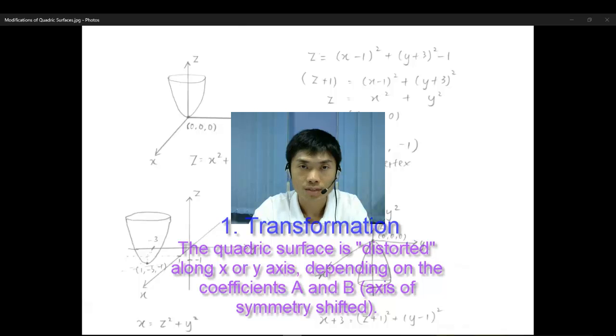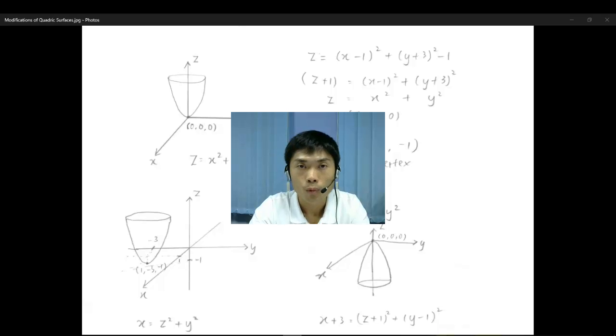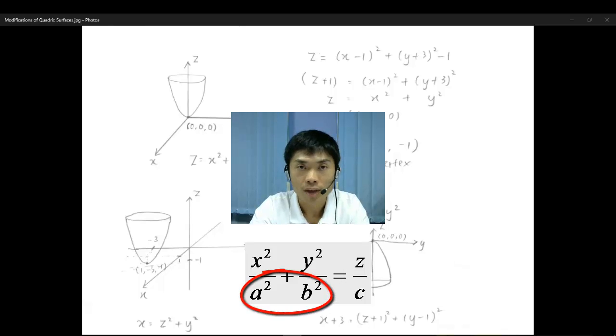The first one, transformation, means that the value of the a or b coefficients in front of the x square and y square can be changed. Recall from the previous video where we took the elliptic paraboloid as an example. When you vary the coefficient of a and the coefficient of b, you will realize that the elliptic paraboloid will be distorted in a certain way.